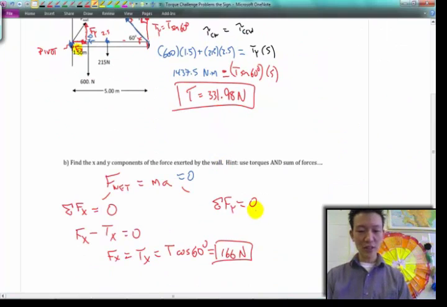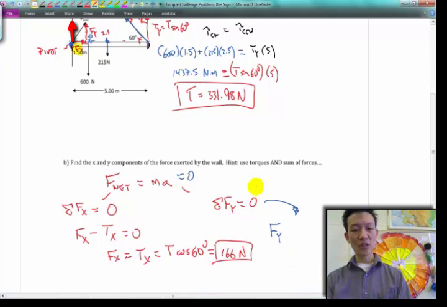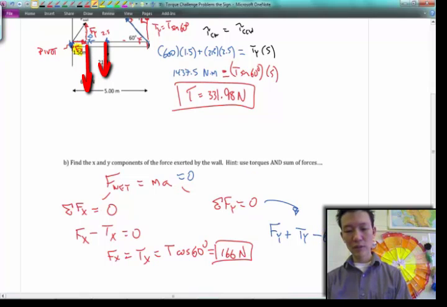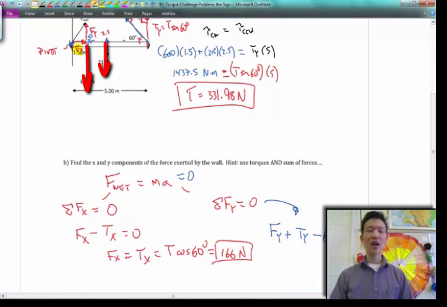So in the y direction, let's break down the forces. In the upwards direction, we have the force of the wall in the y direction, pulling up. We also have tension in the y direction, going upwards. And then we have to subtract from that the weight of the board and the weight of the person. And those forces all balance out.